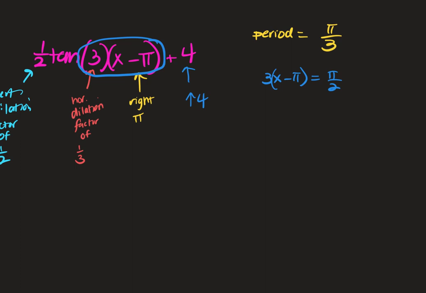Well, one of them, but from your parent function. And so now we let the shifts happen by solving for it. We could also say take pi over 2, find a factor of 1/3, and then shift it to the right pi if you had it visually. But in my opinion, it's going to be easier to do that algebraically.